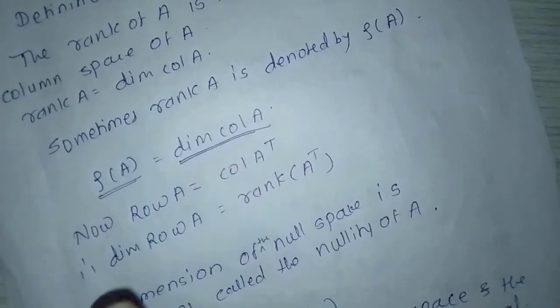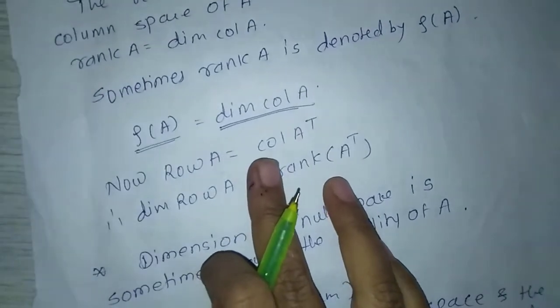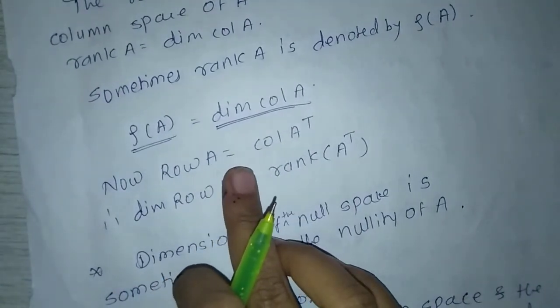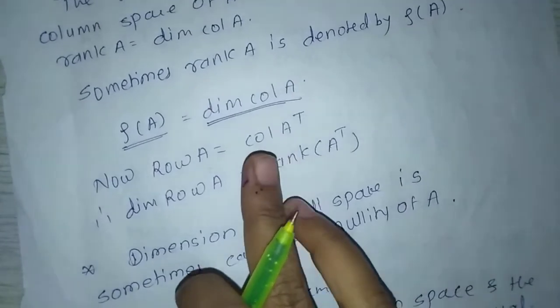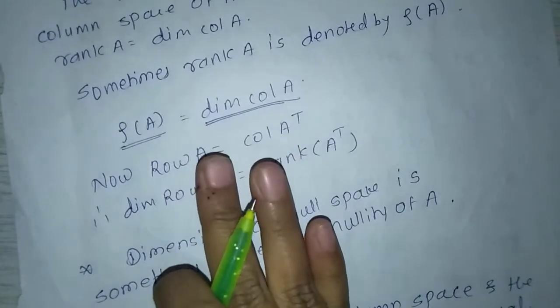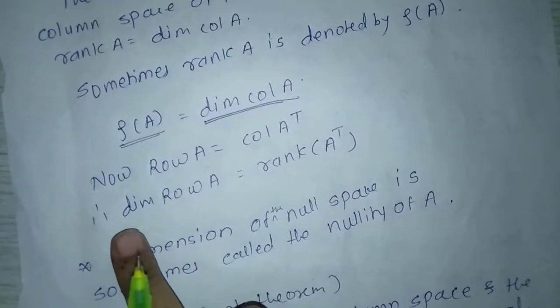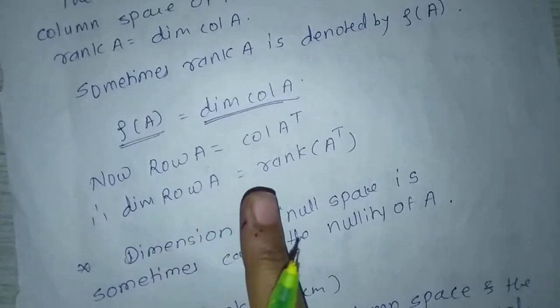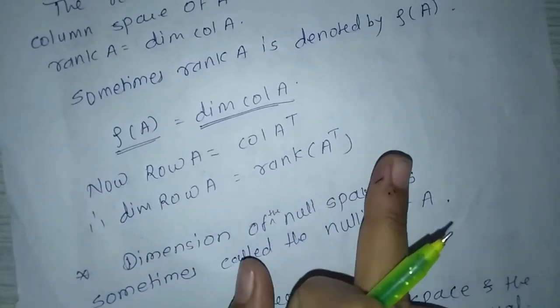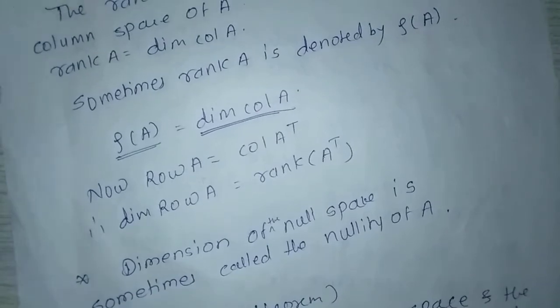Rank of A is the dimension of column space of A. Now, row space of A equals column space of A transpose. We have already seen this result. Therefore, dimension of row space of A equals rank of A transpose.